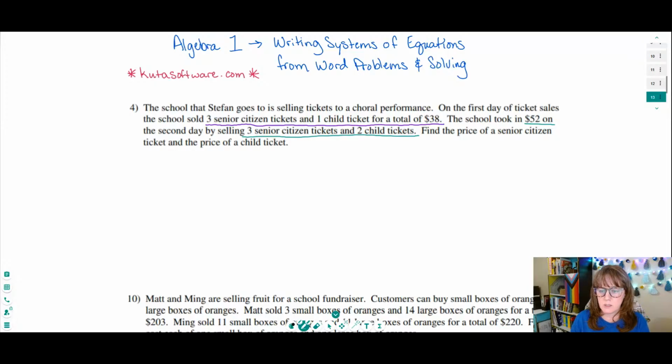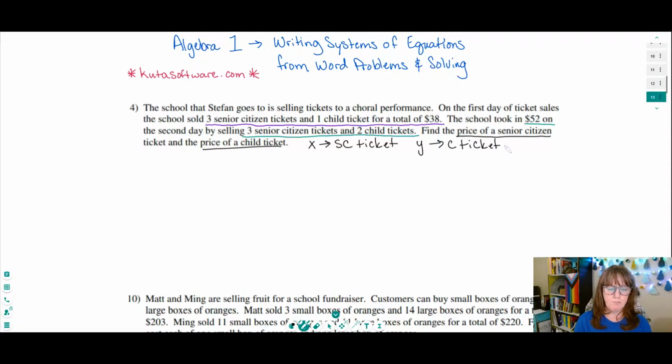I'm just going to use X and Y. The last sentence will help you determine what your variables should stand for, because your variables are the numbers that you don't know and that you're trying to figure out. So we're trying to figure out the price of a senior citizen ticket and the price of a child ticket. So that's what our 2 variables are going to represent. So let's say X is going to represent a senior citizen ticket and Y is going to represent a child ticket.